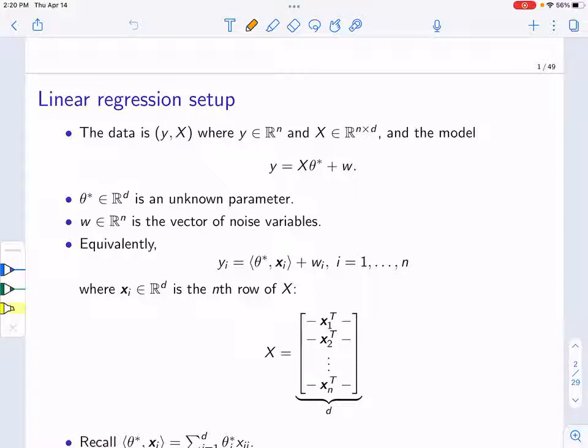So if you recall, how many people have seen linear regression? Okay, so what is linear regression? Maybe you guys can talk instead of me. Just talk a little bit about what is the problem of linear regression.